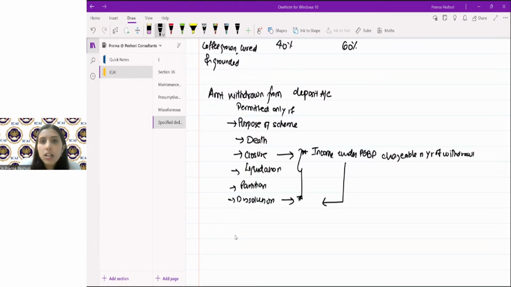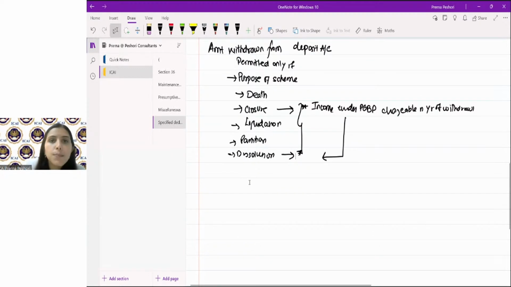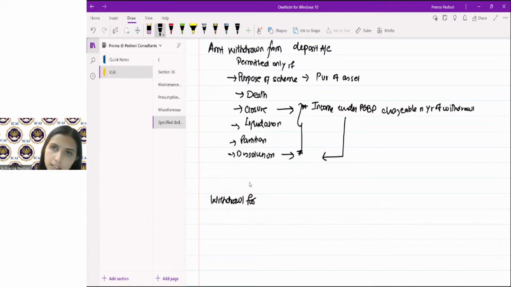Now, for the purpose of the withdrawal, as I said, the withdrawal has to be for the purpose of the scheme, only for the purchase of specified assets. So withdrawal is permitted only if it is in accordance with the purpose of the scheme, which is to purchase the specified assets.